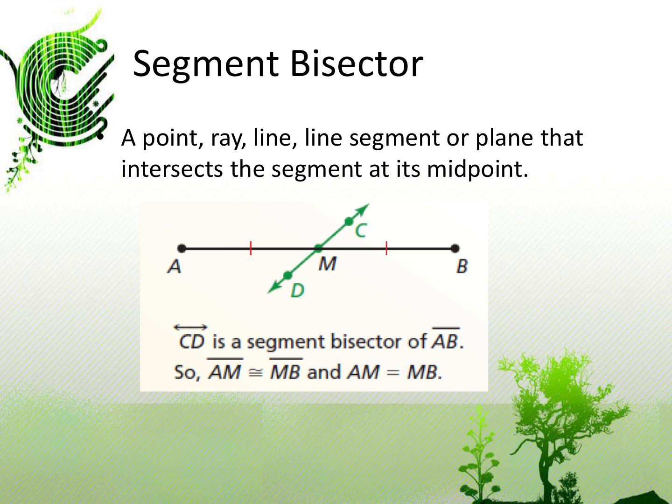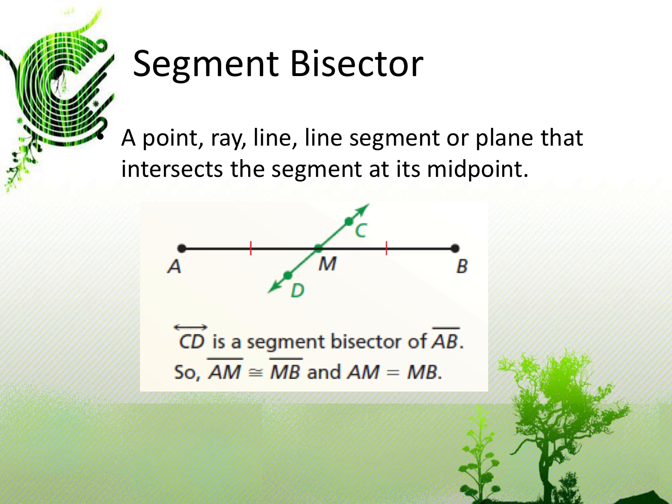So generally what you're going to bisect, what we're going to see a lot of, is either a segment or an angle. And we haven't talked about angles yet. So right now, all we're talking about are segment bisectors, and these are things that are going to split our segment into two equal pieces, or in other words, two congruent pieces. So in this particular picture, line CD is the segment bisector of segment AB.